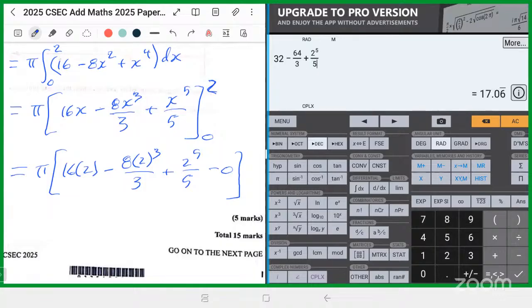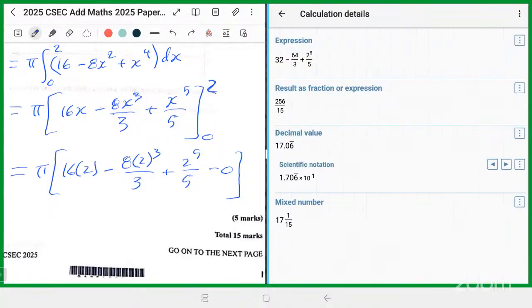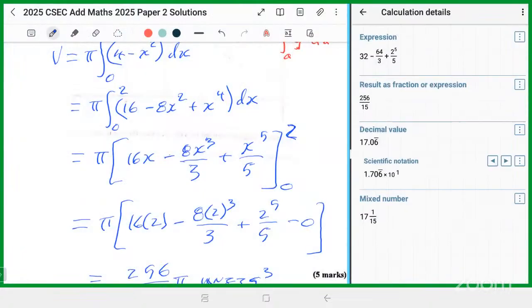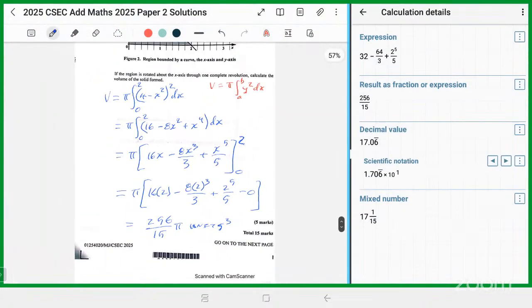And we're getting 17.06 repeated, or 256 over 15, units cubed. That is it. My numbers are wrong. It's a calculation error, but the process is correct for sure.